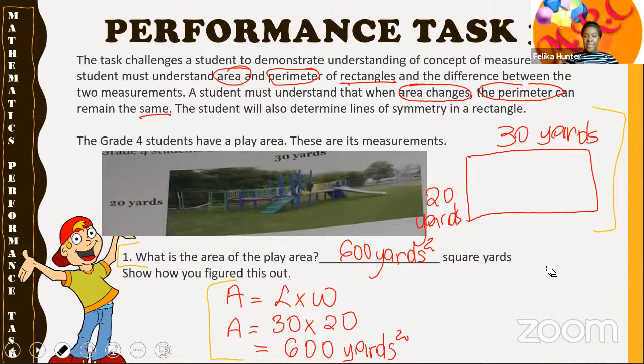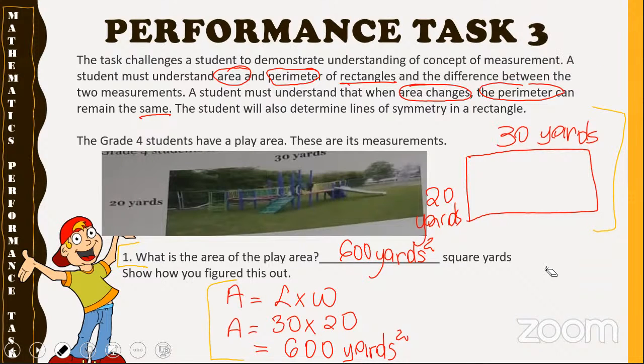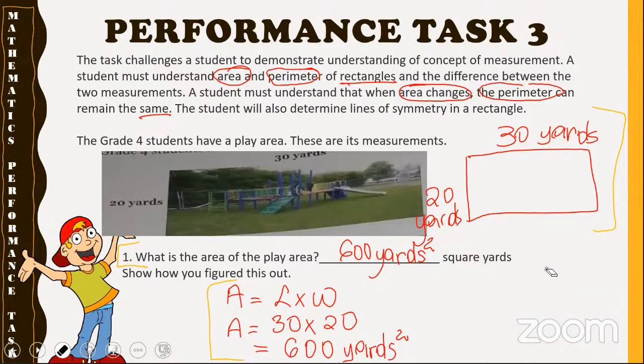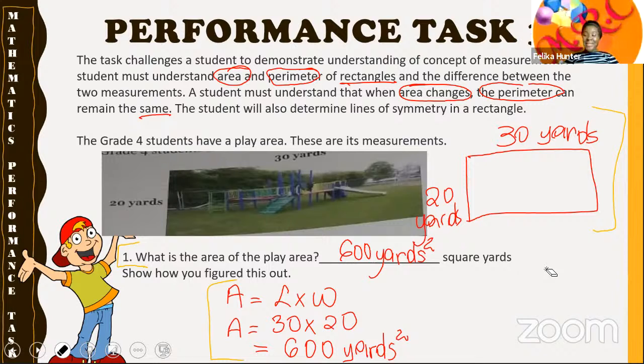Shanive, what is the formula for finding the area of a rectangle? Length times width. Well done, Shanive. So while you're working, I'm still giving you questions in between.